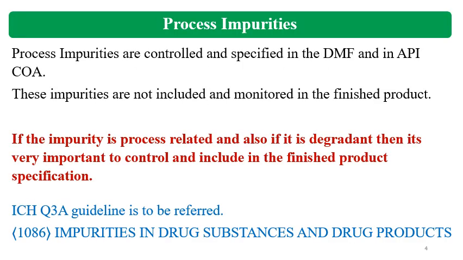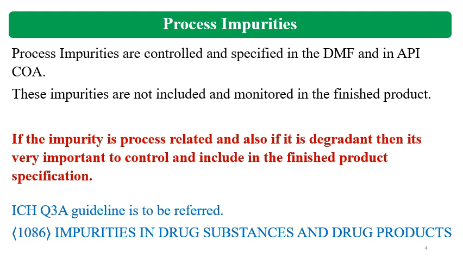Then the process impurities are controlled and specified in the DMF. Detailed investigation of all the impurities is a must, and it is required to be provided in the DMF file.